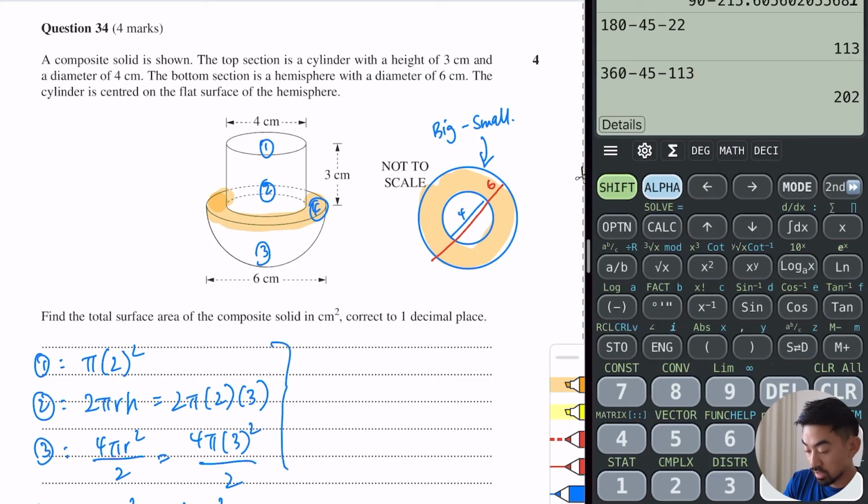And we basically just need to add all these up. Okay, so let's do this.